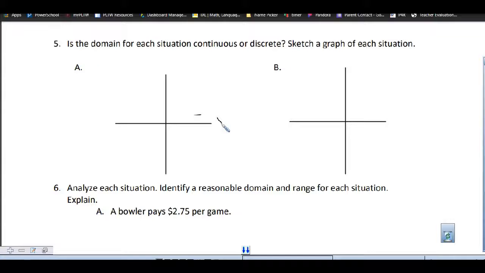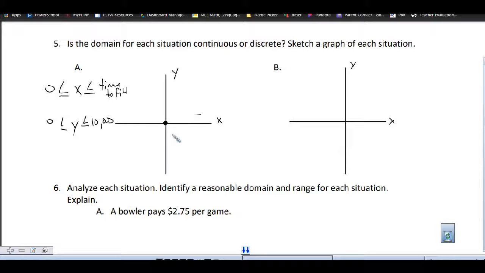Again, x is going to be your horizontal, y is your vertical. And then in our first situation, when we're talking about the pool, we had a domain and range. Our domain again was between 0 and the time to fill. And then I had a range that was between 0 and 10,000.